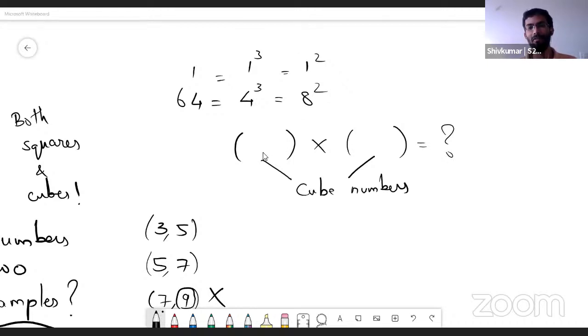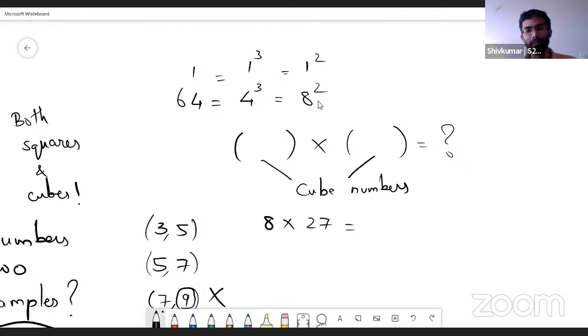So the question is, if I multiply 2 cube numbers, what can I say about its product? You can take some examples. Let us take 8, which is a cube number, and 27, another cube number.